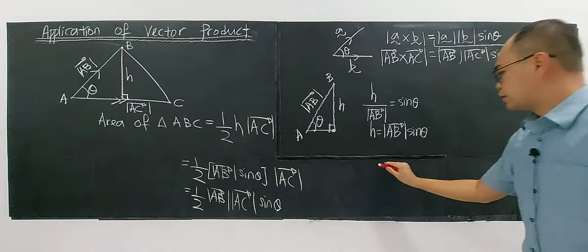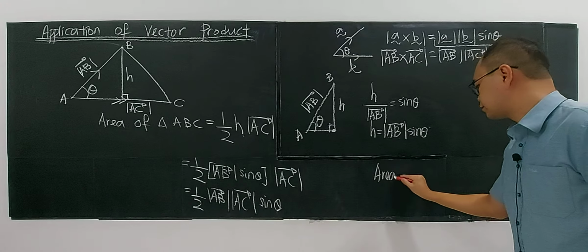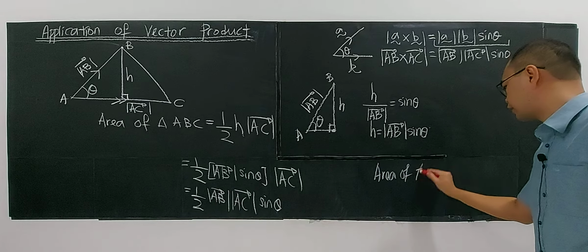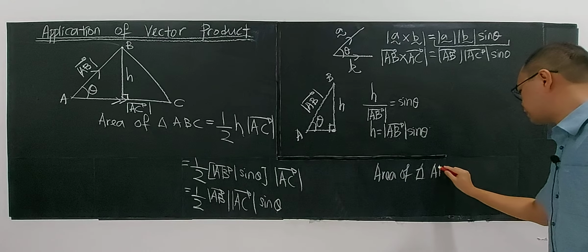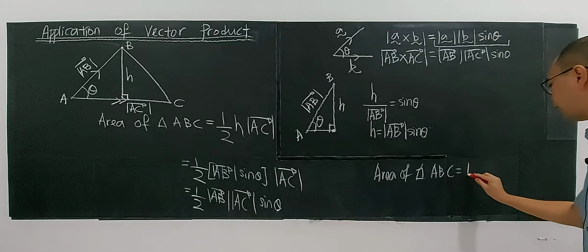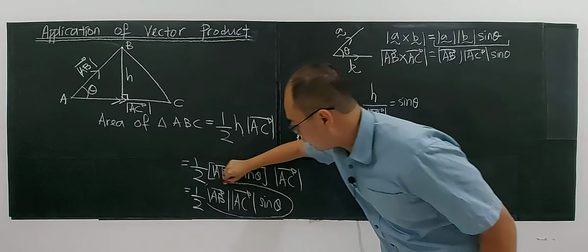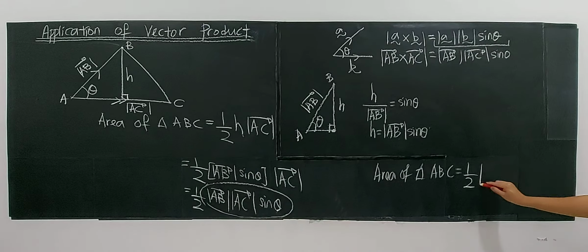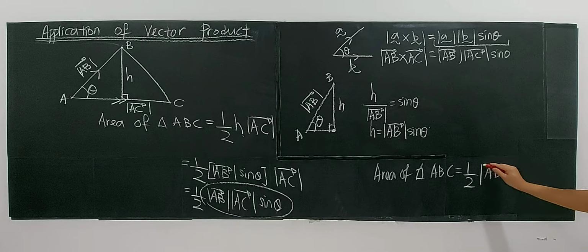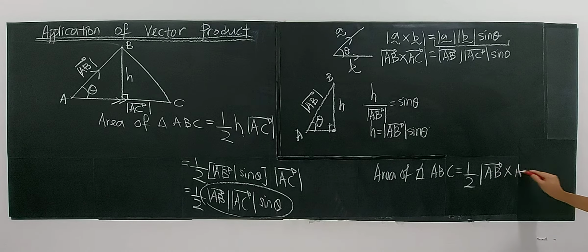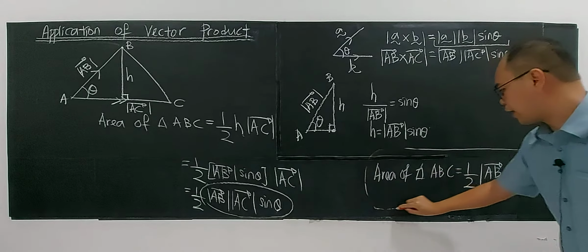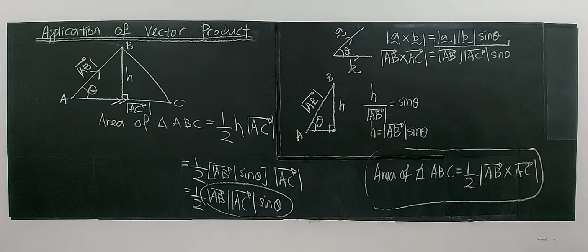So finally, the area of triangle ABC can be rewritten to be half of the magnitude of the cross product of AB cross with AC, and this will be the formula for the area of a triangle.